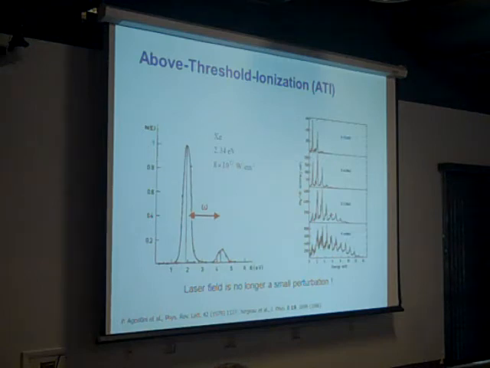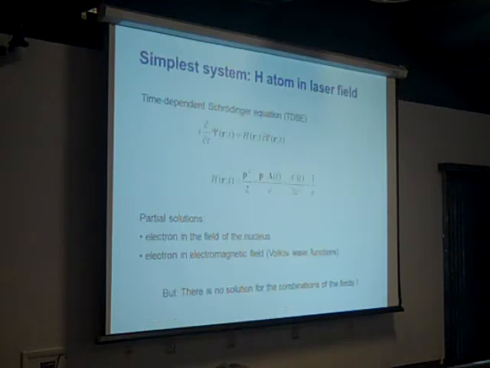Now, how can I treat this problem? Before I was treating it very nicely by looking at my time-dependent Schrodinger equation, and here's my Hamiltonian, and I had the kinetic term, I had the interaction with the field, and I had the Coulomb interaction, but we're down now to the simplest system that I can think about, the hydrogen atom. And I was saying, okay, this interaction is small in its effect as compared to this interaction.